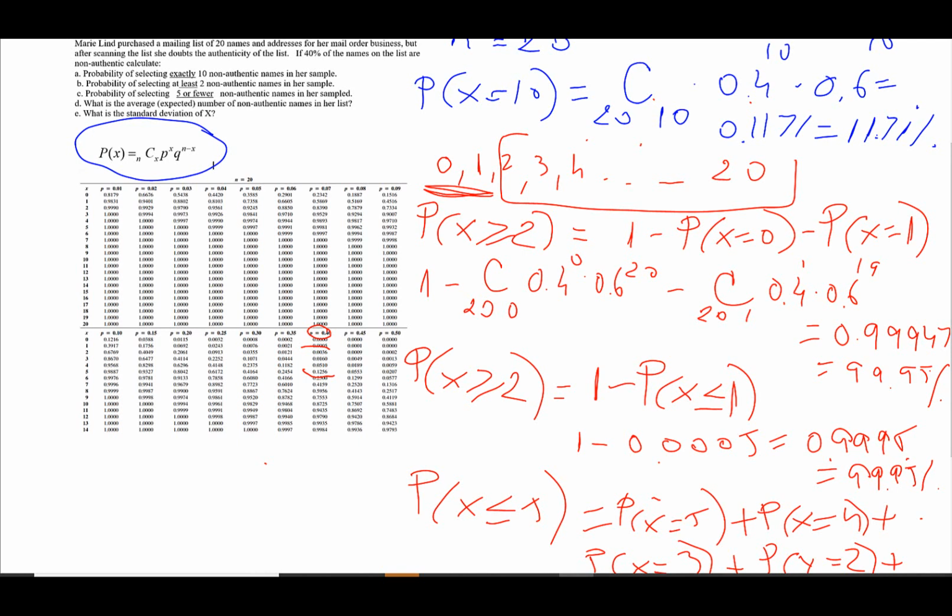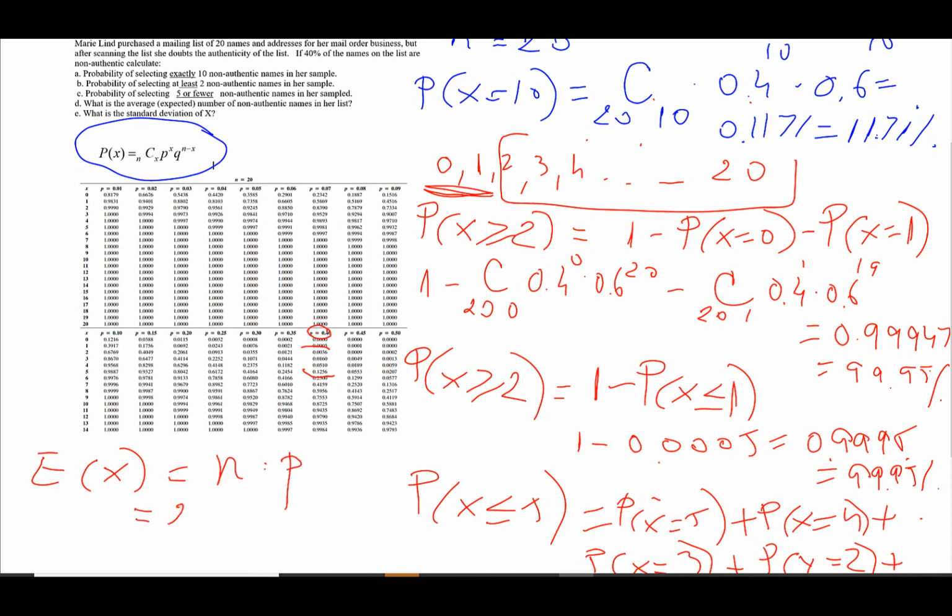Let's return to our questions. They asked to calculate what is the average, the expected number of non-authentic names in the list. For a binomial experiment, the expected value, the mean, is the number of trials times the probability to be considered a success.